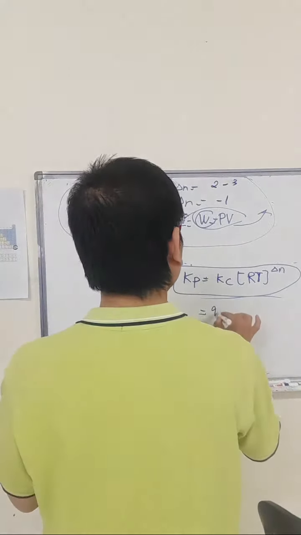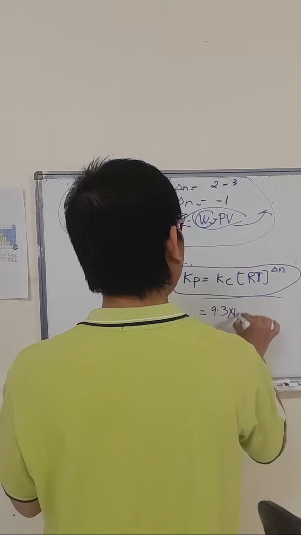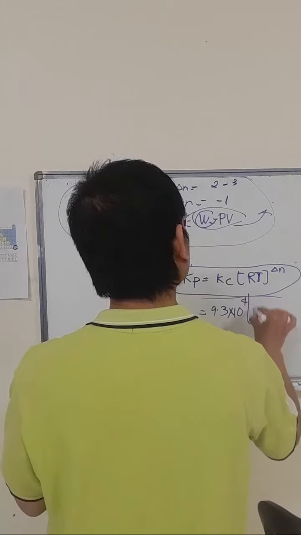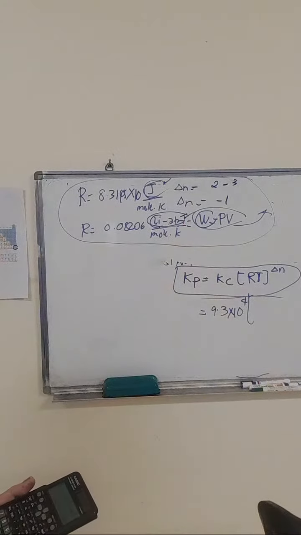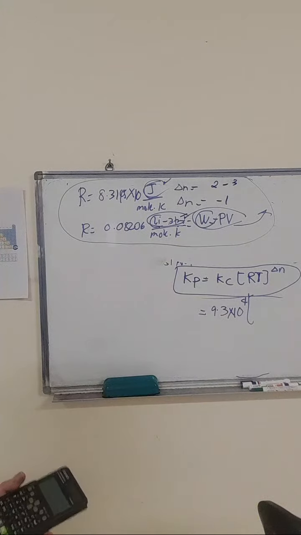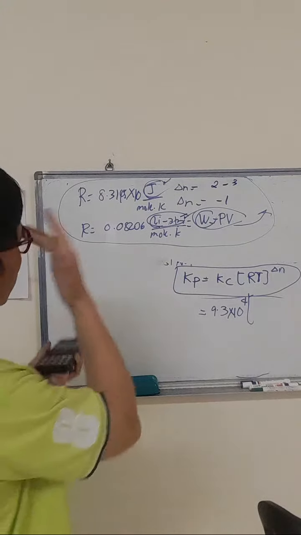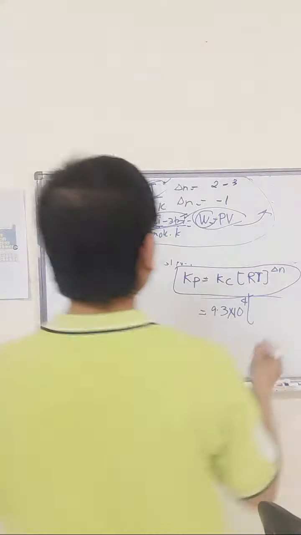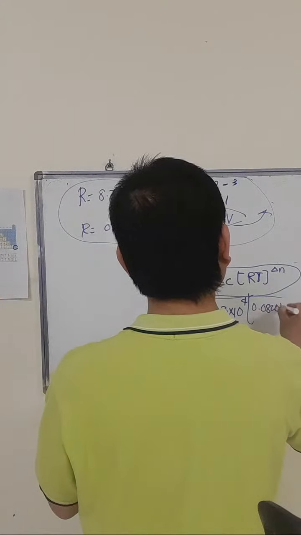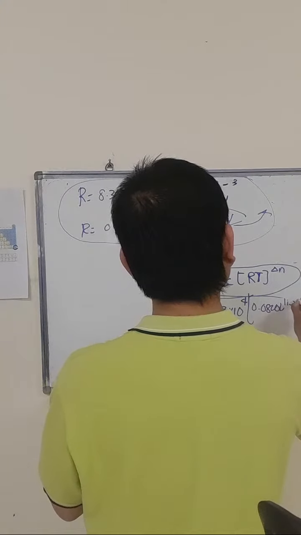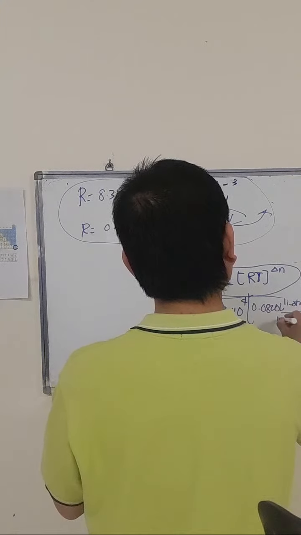So 9.3 times 10 to the positive 4 times the universal gas constant. And now we will use 0.08206 liter atmosphere per mole Kelvin.